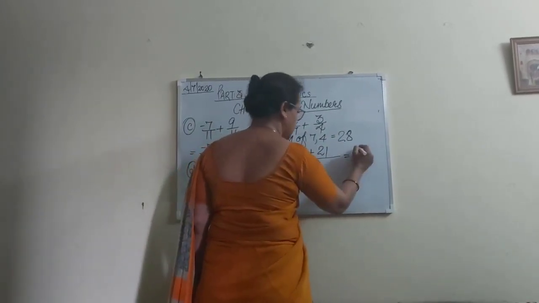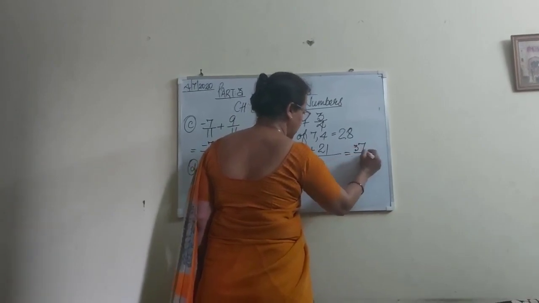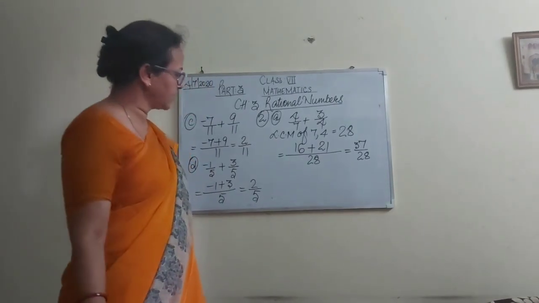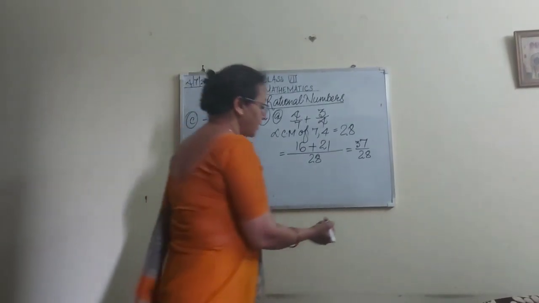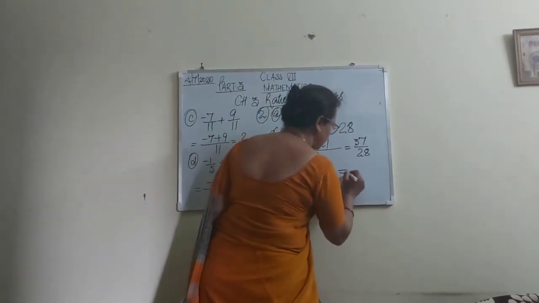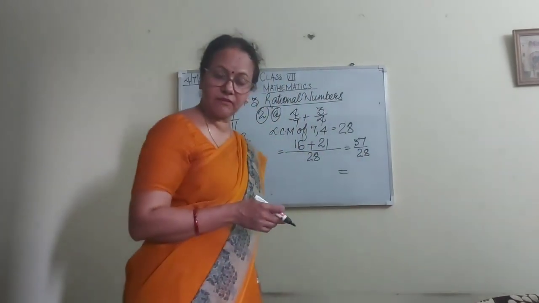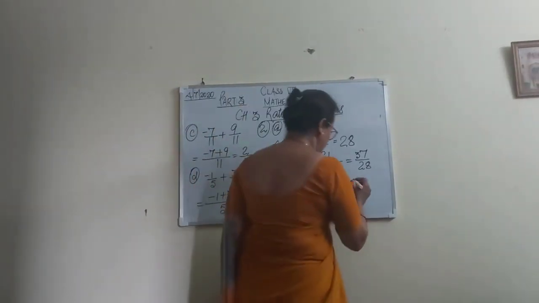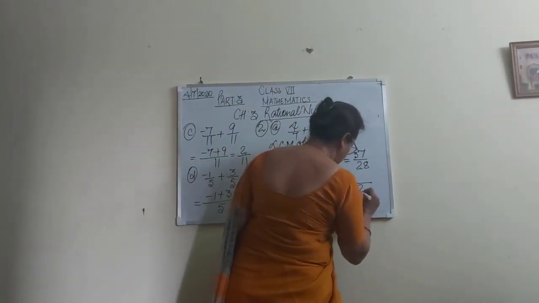What will it be? 6 plus 1 is 7. 2 plus 1 is 3. 37 by 28. Now we can convert it into lowest terms. We can't cancel out because they never lie in the same table, so we can write it as a mixed fraction. 28 ones are 28.